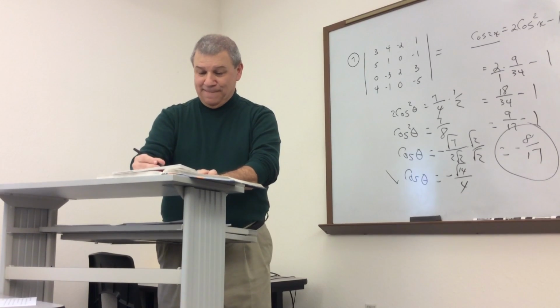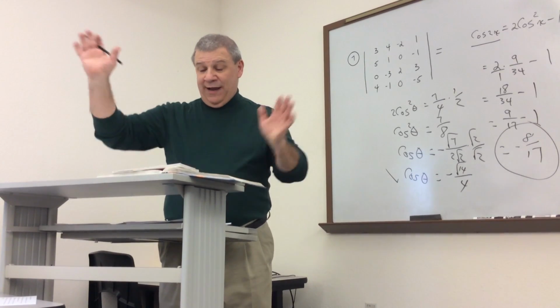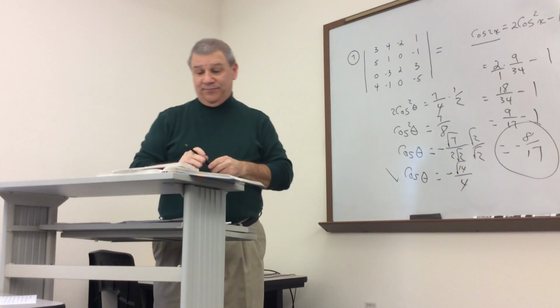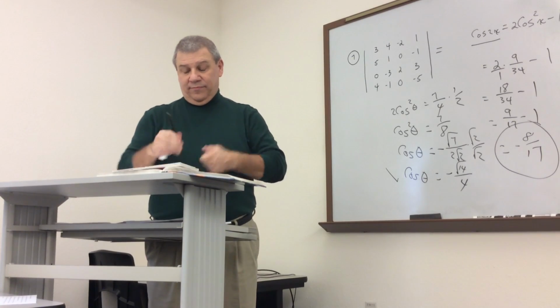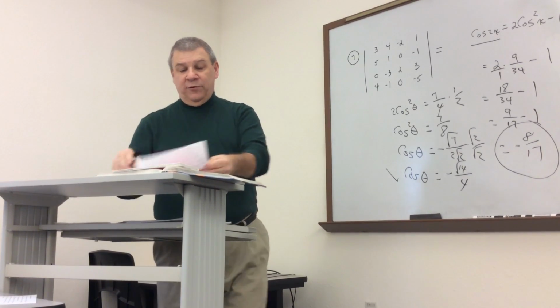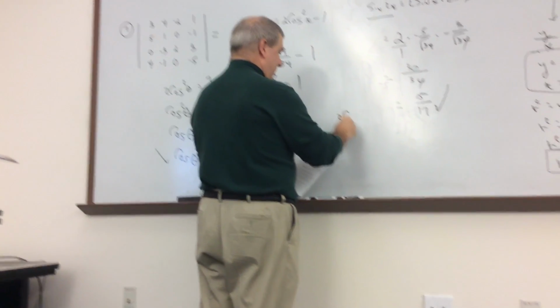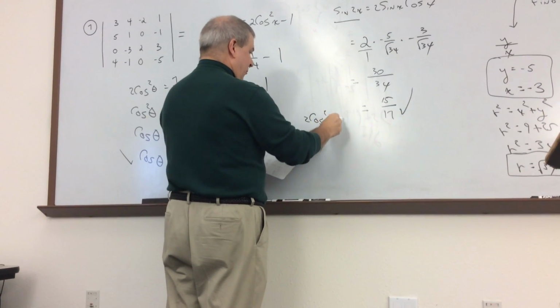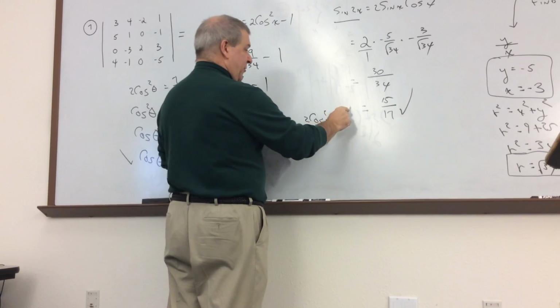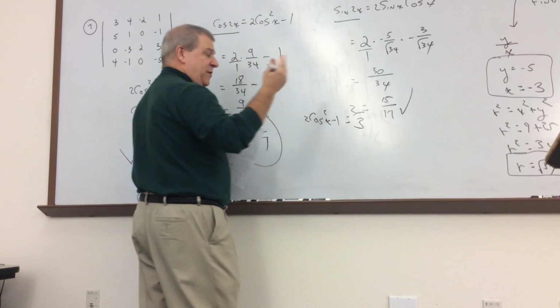Son of a gun. Look at number 10 on your iPad. I don't want to screw you up. See where you have 2 cosine squared of x minus 1 equals, well, it should have equaled the 2/3. For some reason I squared it.